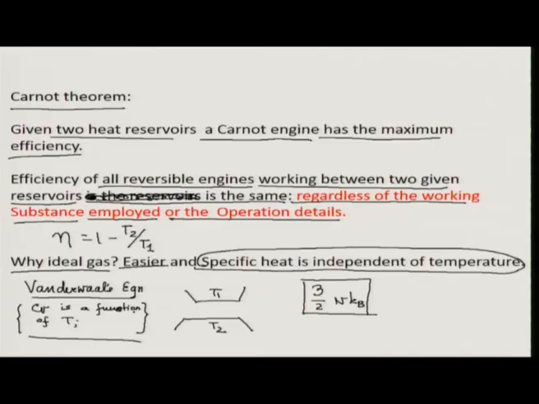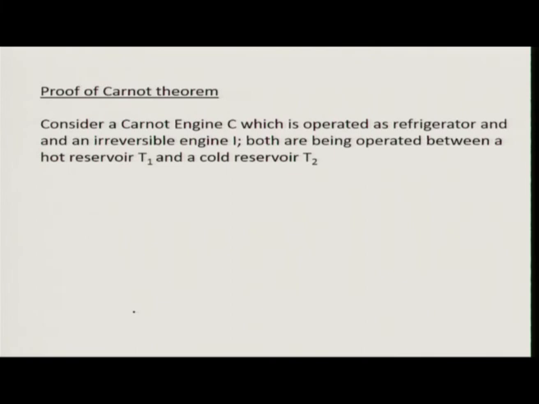Okay? With this, I will try to prove for you one part of the Carnot theorem. What is that part? That part is that if I take a reversible engine and an irreversible engine which has dissipation, then the reversible Carnot engine will always have efficiency higher than the irreversible engine.